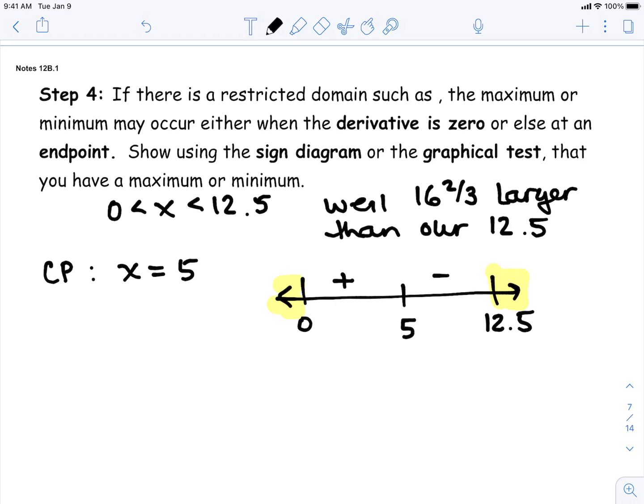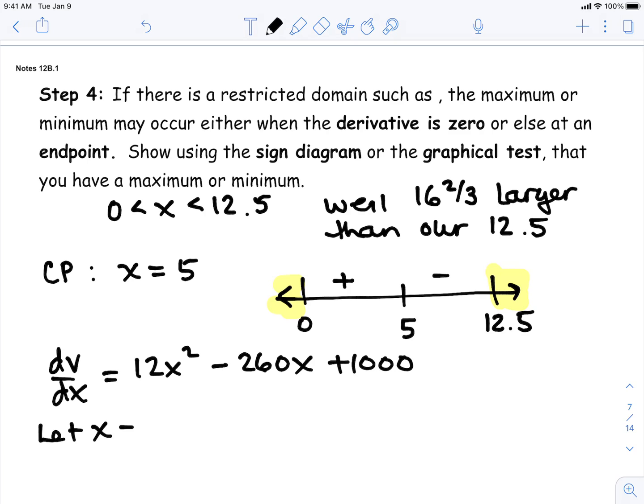So you're now going to use your derivative function, dV/dx, 12x squared minus 260x plus 1,000, and you would let x be, let's say, 1, and you would substitute 1 in for x.